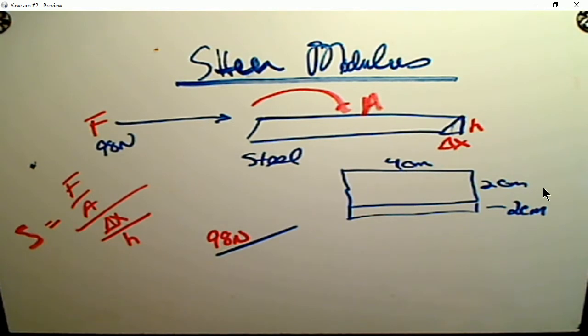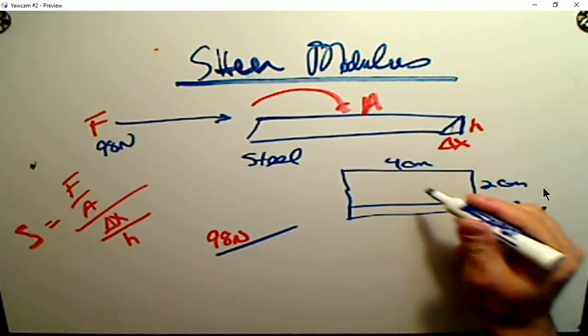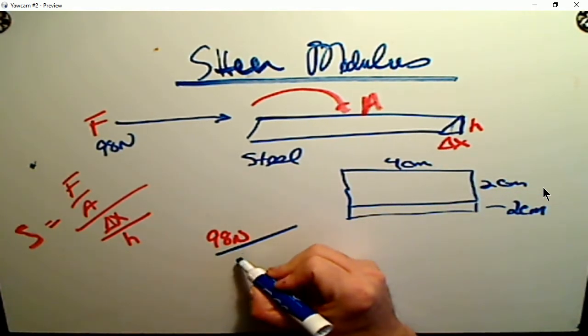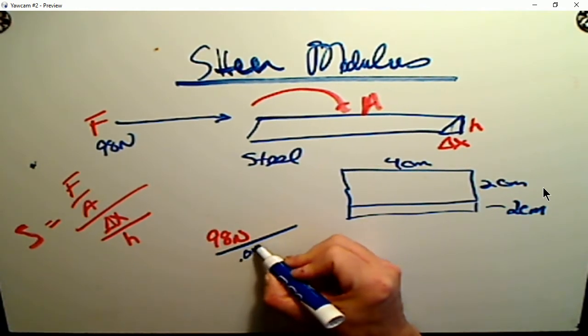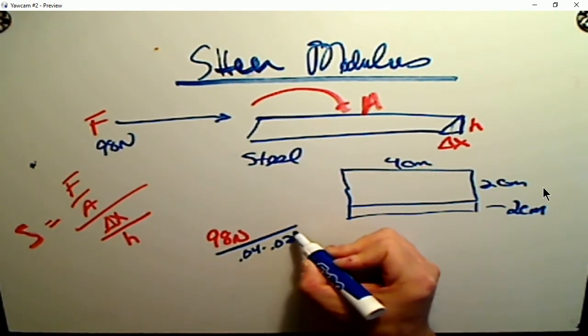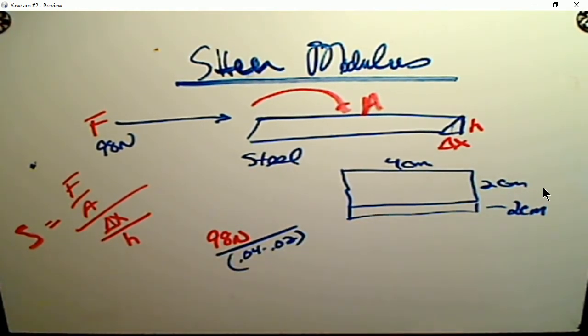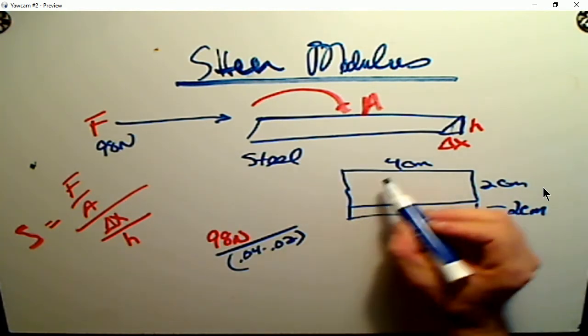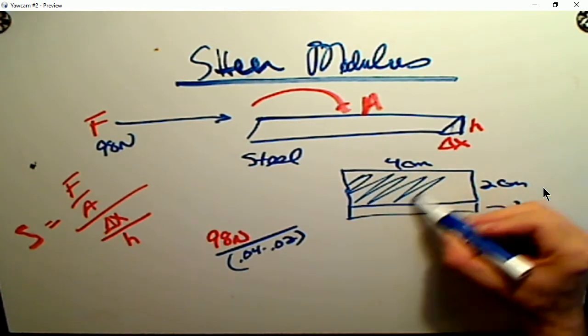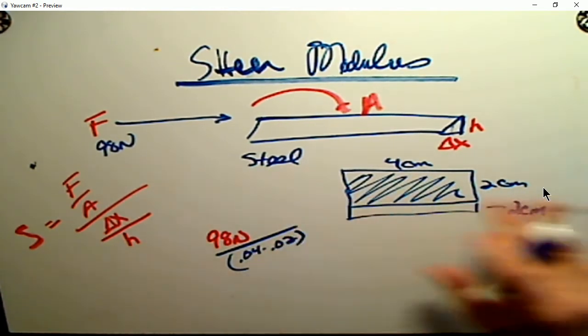For a given area, well, the cross-sectional area is 0.04 times 0.02. That's the cross-sectional area that I'm applying this on.